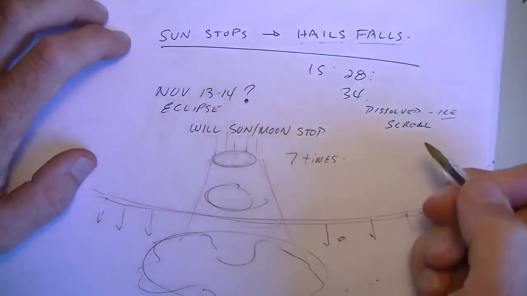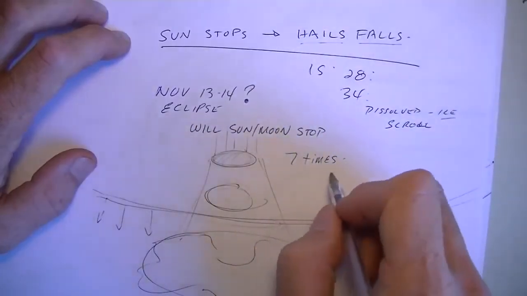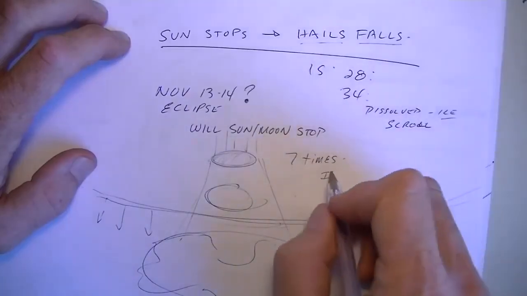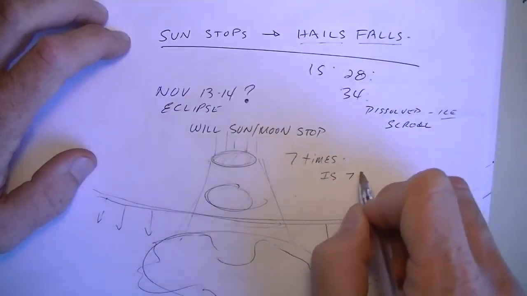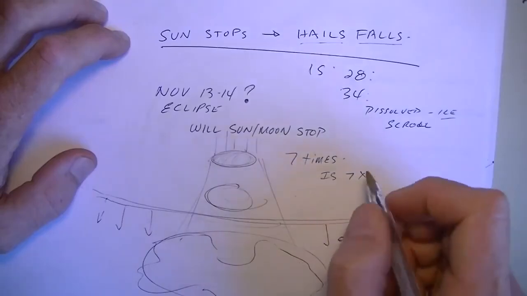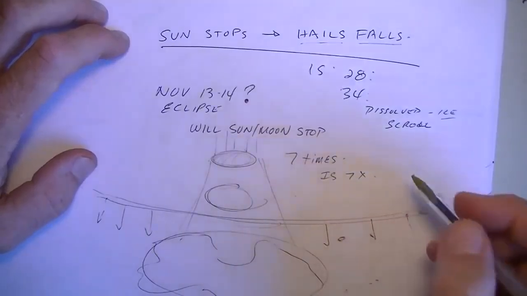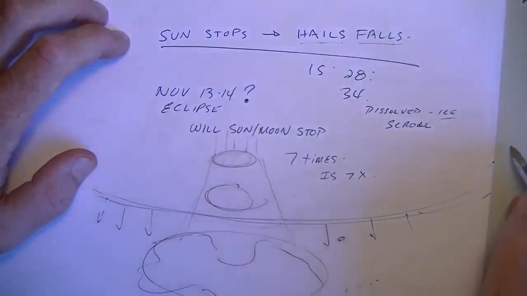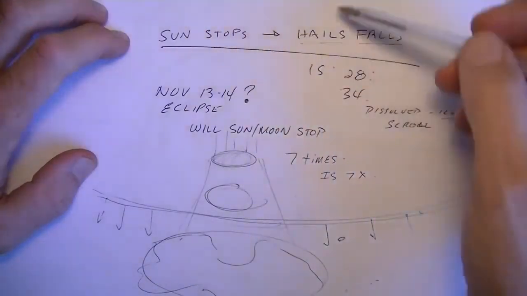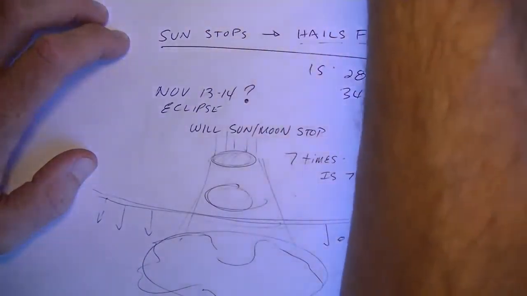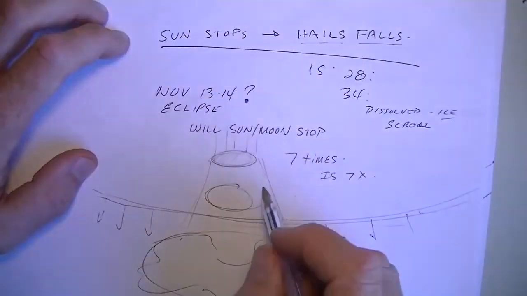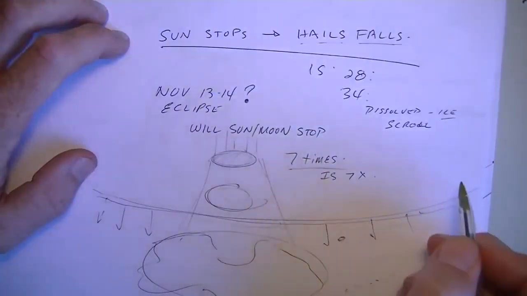Why 7 times? Isaiah chapter 30 talks about the sun being 7 times as hot, and the moon being as it were daylight. So this can create heat that would burn up even the dark side of the earth when the sun stops, theoretically.